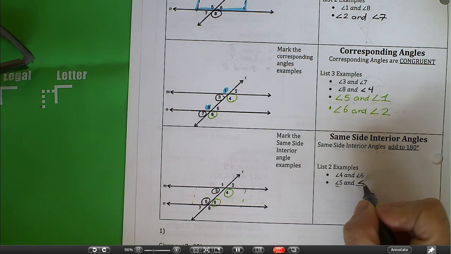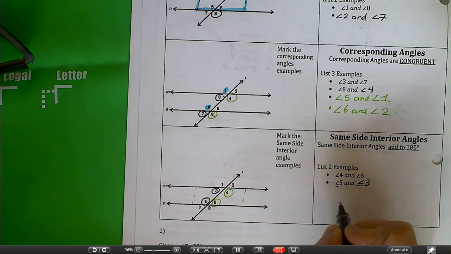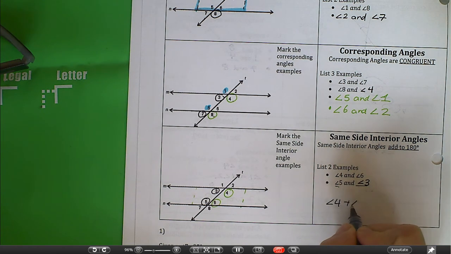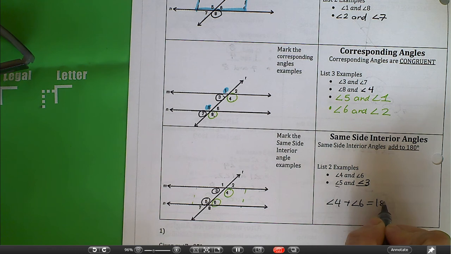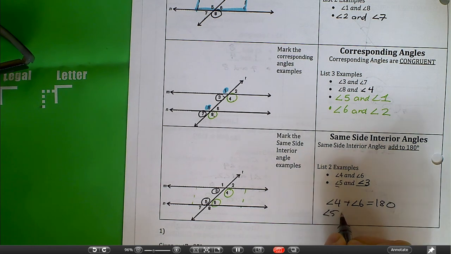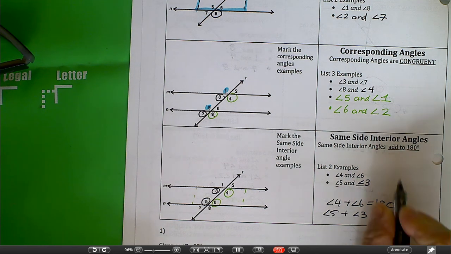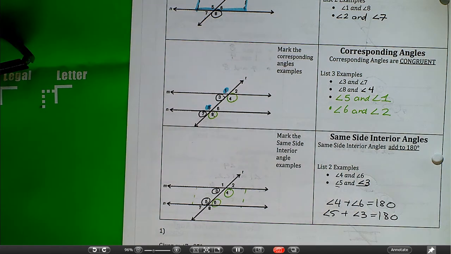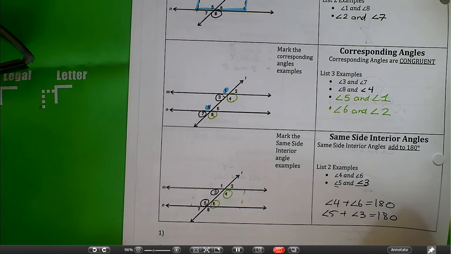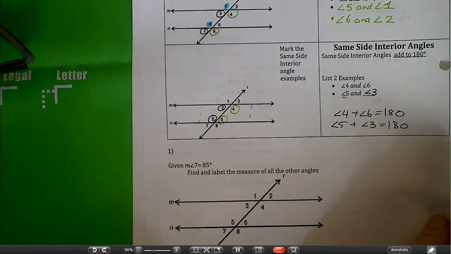I also want to say angle 4 plus angle 6 is equal to 180. Angle 5 plus angle 3 is equal to 180. It is supplementary.